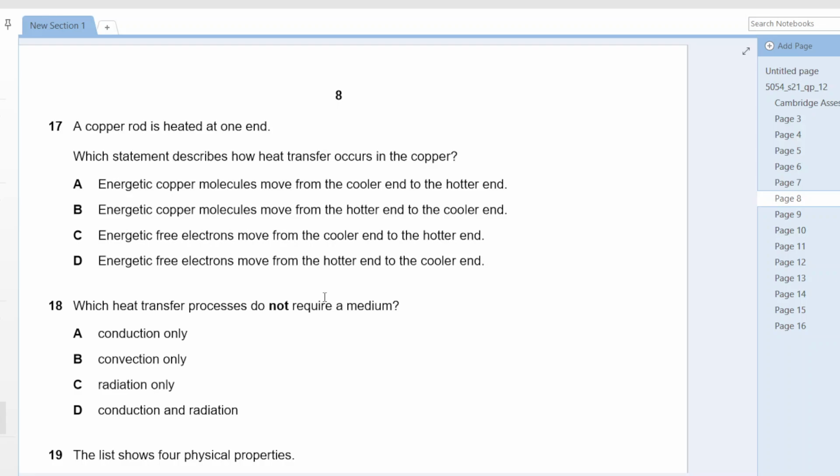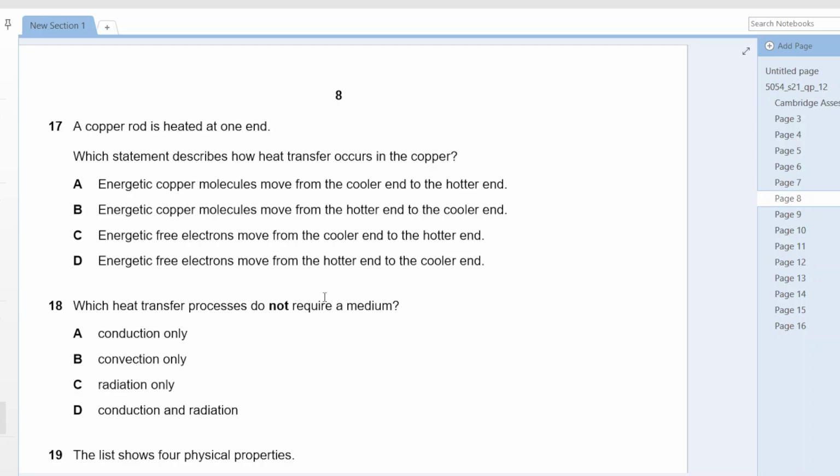Conduction mainly takes place by the movement of the electrons from hot end to cool end, or in case of metal, it is atomic or molecular vibration.